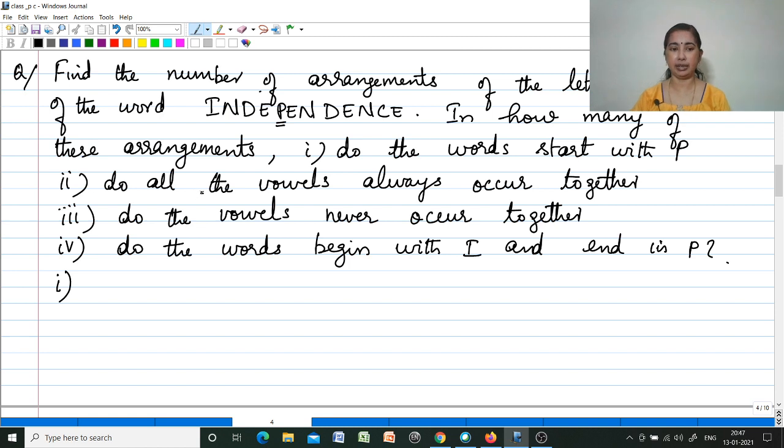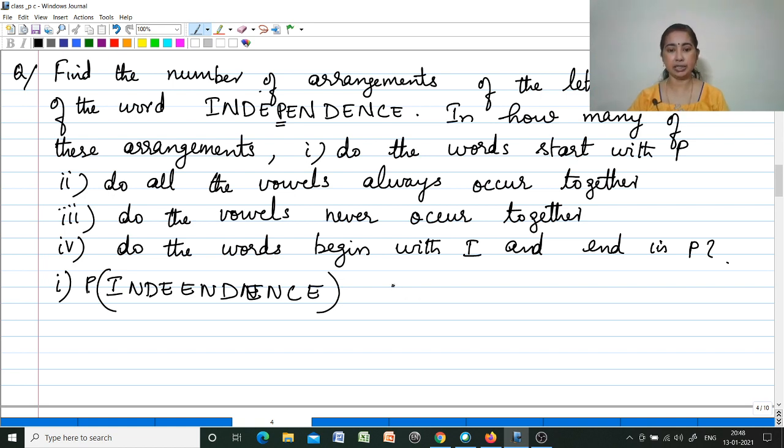So first we have to keep that P. Then the remaining letters are I, N, D, E, E, N, D, N, D, E, N, C, E, and these can be arranged in different ways. Only P you have to keep in the first place.